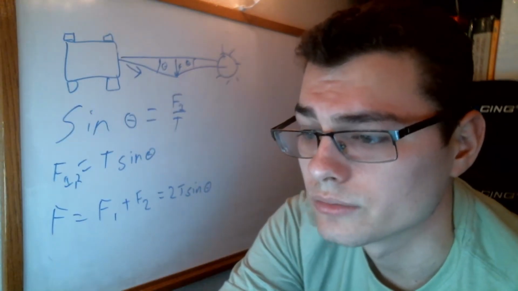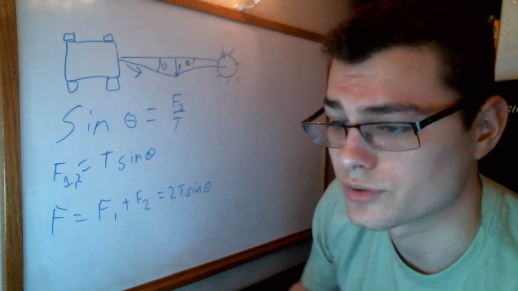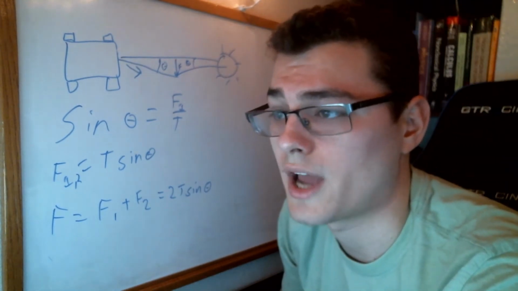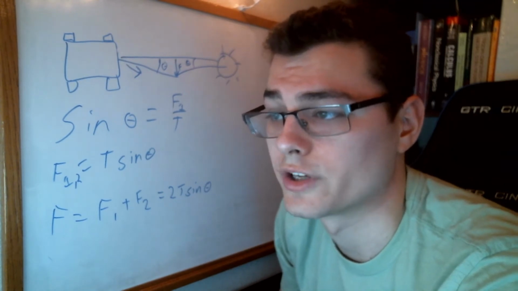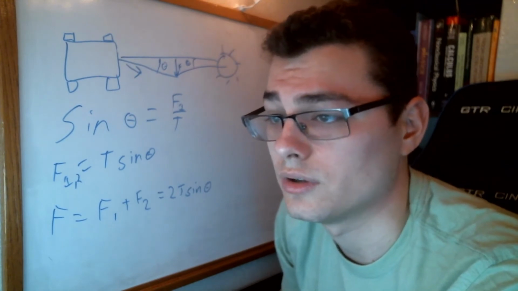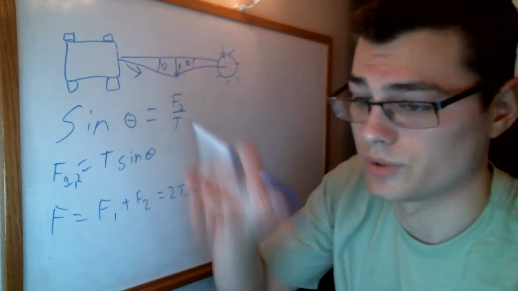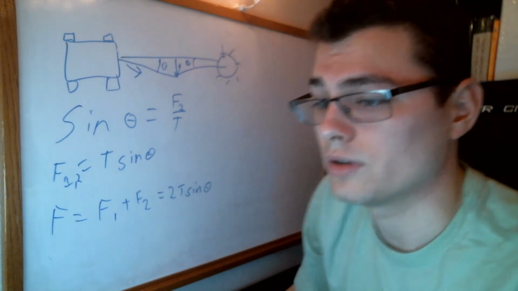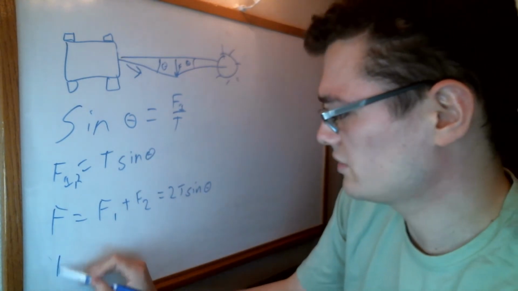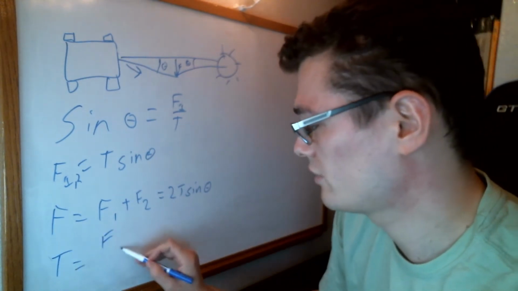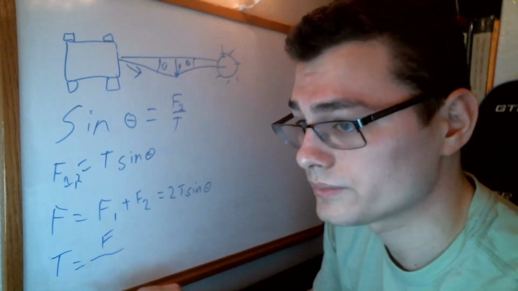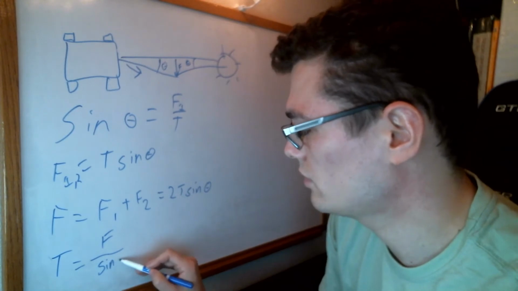Okay, so now in real life, we know that ropes stretch. So we want to know what force would be exerted on the car if the angle increases to a new angle and you still apply the force found in part A to its center. So from here, we have to swap around T sine theta. So now we have T is equal to F over sine theta from before.